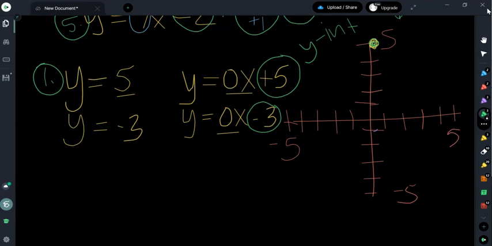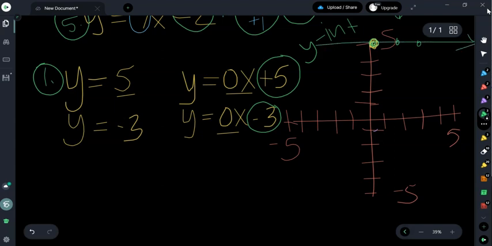So no matter what I plug in for x, my y value is always going to be 5. So it's literally going to be all these points along this horizontal line here, because every single point on this line has a y coordinate of 5. Let's check it out. This one is at 0, 5.